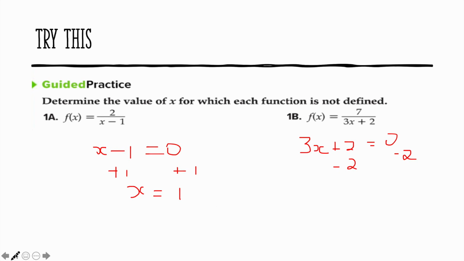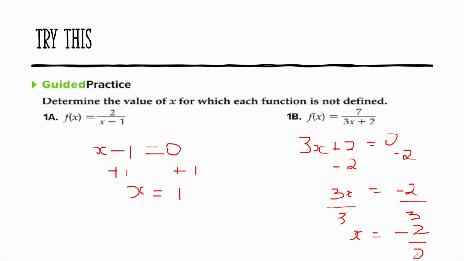Then we will have 3x is equal to minus 2. We divide both sides by 3. x will be equal to minus 2 over 3.